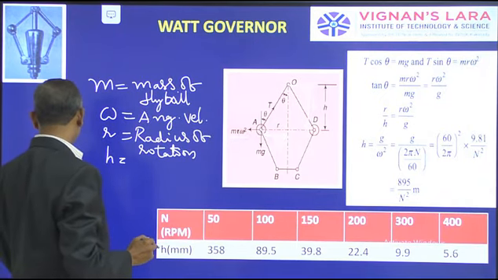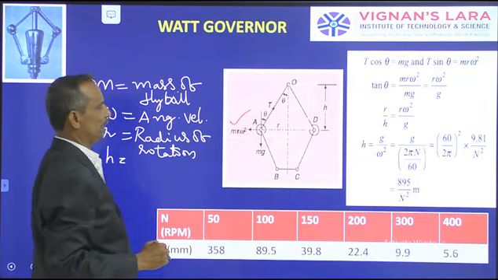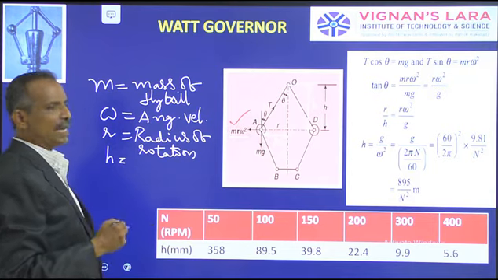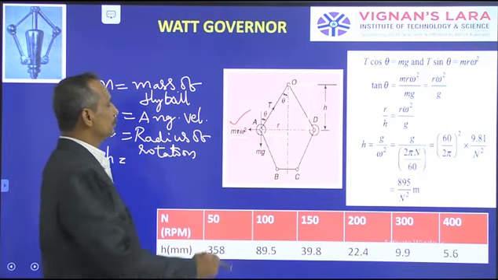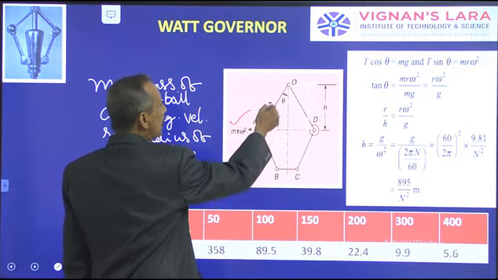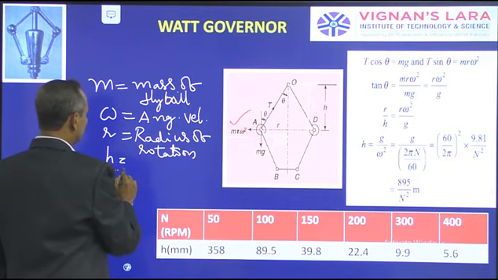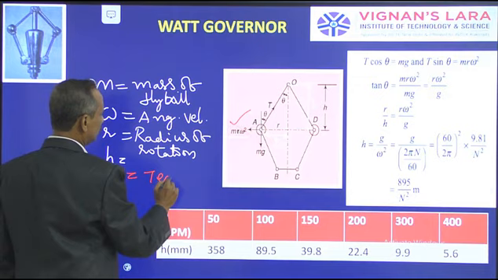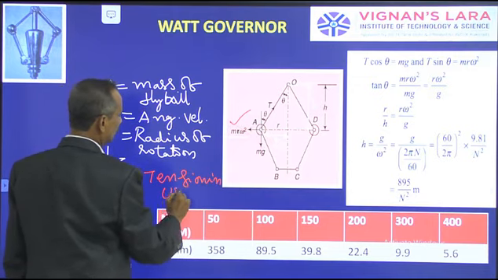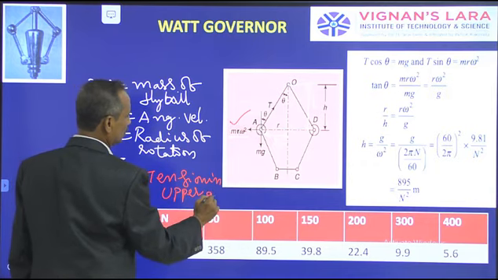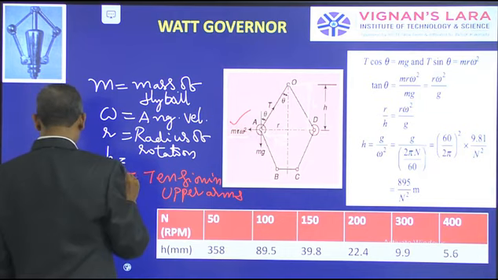The centrifugal force is m r omega square, and it always acts radially outwards, that is this way. Then the upper arms are subjected to a tension T. T is the tension in the upper arms. H is called the height of the governor.